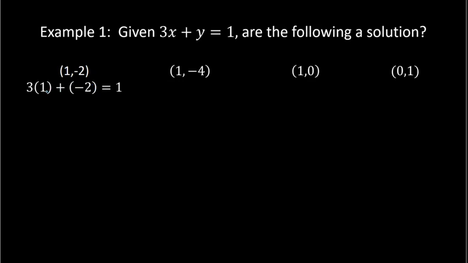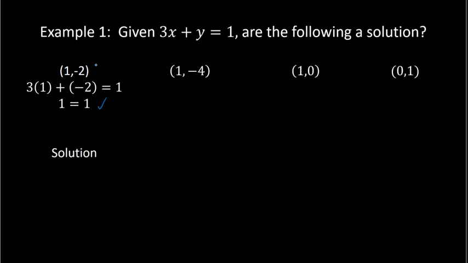So is this a true statement? Well, we'd have 3 plus negative 2, which is 1. So 1 equals 1. Yes, that is a true statement. Therefore, this would be a solution. So this one works.